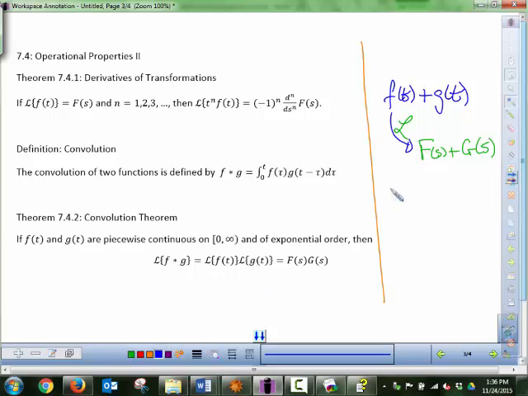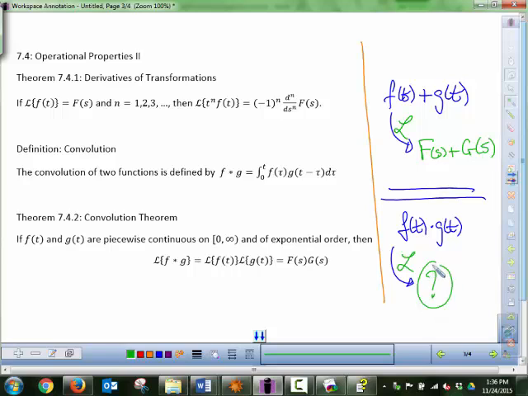But unfortunately, if we have a product of two functions, transforming this into the s world is not f of s times g of s. That's not how it works.